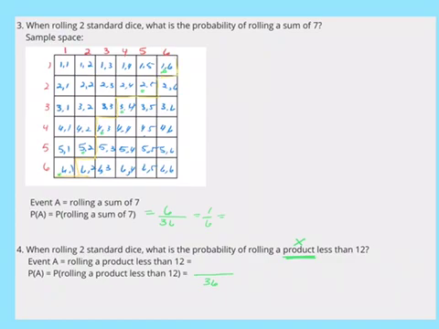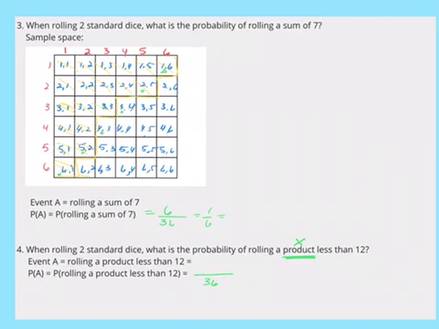So I believe everything to the left here is going to give me 6, 5, 10, 8, 4, 3, 6, 9, 2, 4, 6, 8, 10, 6, 5, 4, 3, 2, 1. And then all the other values that I don't have marked in yellow are going to be products bigger than 12.